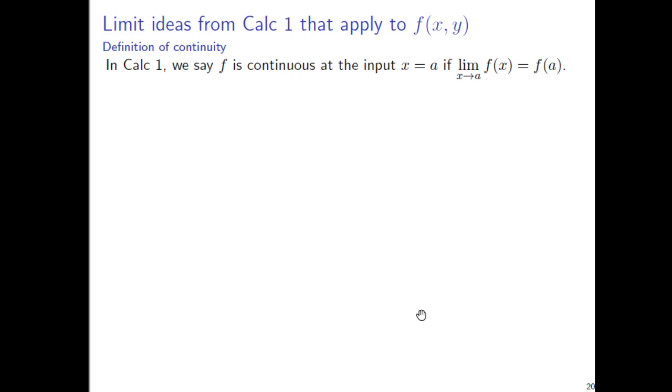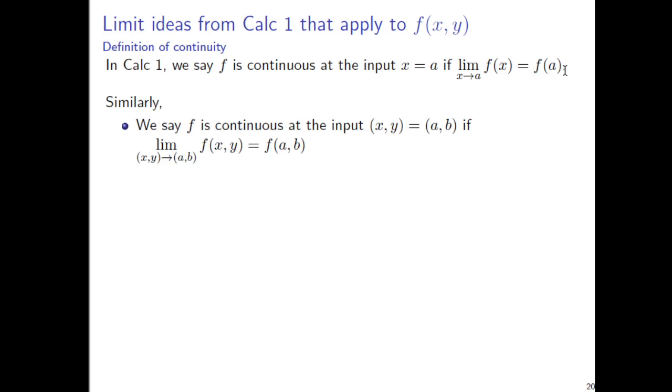Okay, in Calc 1, one idea that we saw with limits was continuity. The short version of the definition of continuity was this: we said f is continuous at the input x equals a if the limit of the function as x approaches a equaled the actual value, equaled f of a.